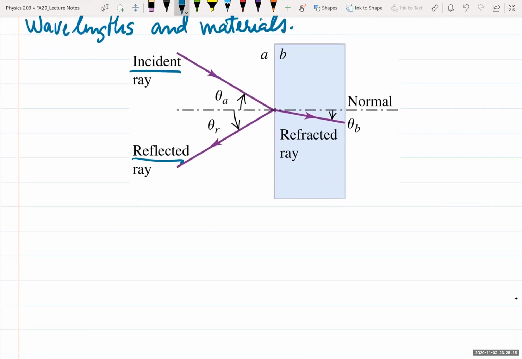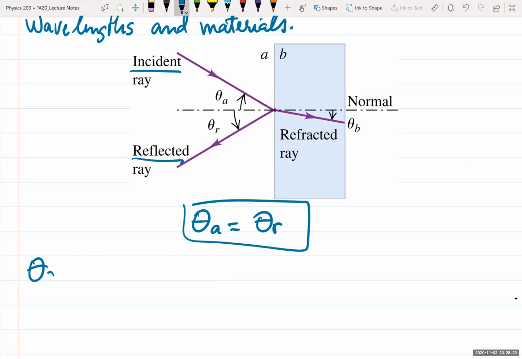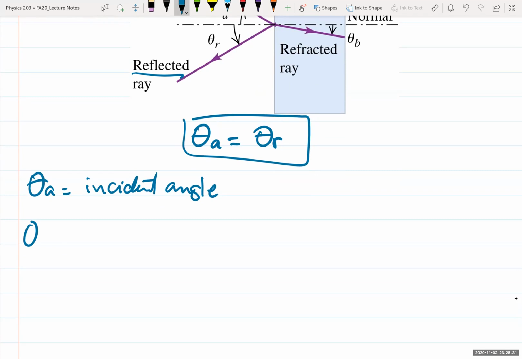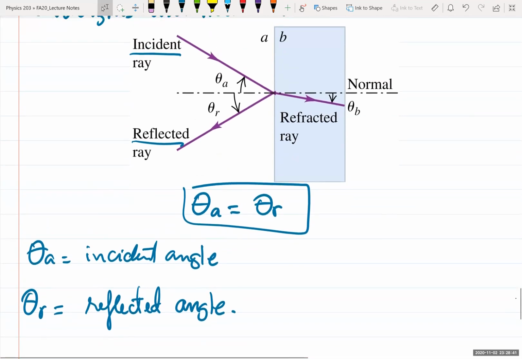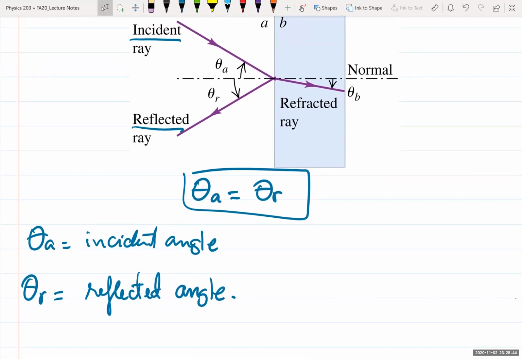What the law of reflection tells me is that theta A is equal to theta R, where theta A is the incident angle and theta sub R is the reflected angle. And it doesn't matter what the media are, this will always apply. These two angles will be the same.